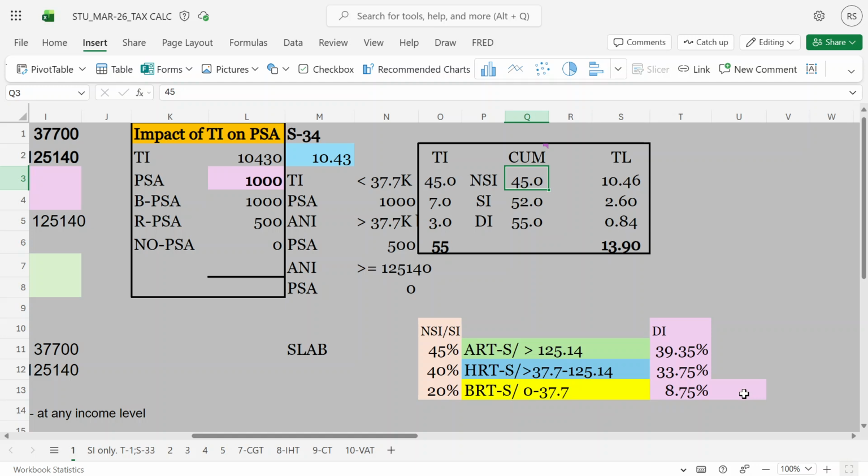That's why we start with NSI, and that's why we have to keep that cumulative total in mind: it is the cumulative amount of income that has been taxed. That affects the movement through the band, and depending on which band you are in, that amount of dividend income, NSI or SI will get taxed at these rates. Is this clear? Okay, very good.